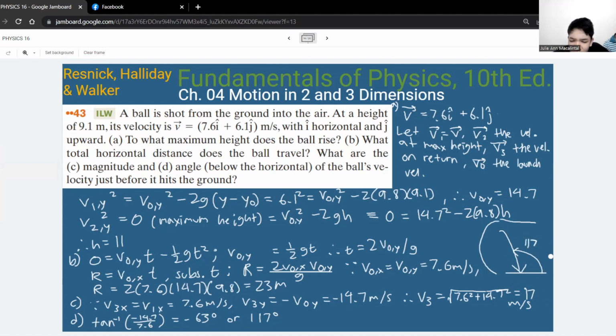Ngayon pero tingnan mo yung direction ng arrow. Di ba going into the ground yan? So, pag 117 degrees, tapos nun, given yung speed, ano yung direction ng velocity pag ganon? Hindi pwedeng ganyan. Opposite.